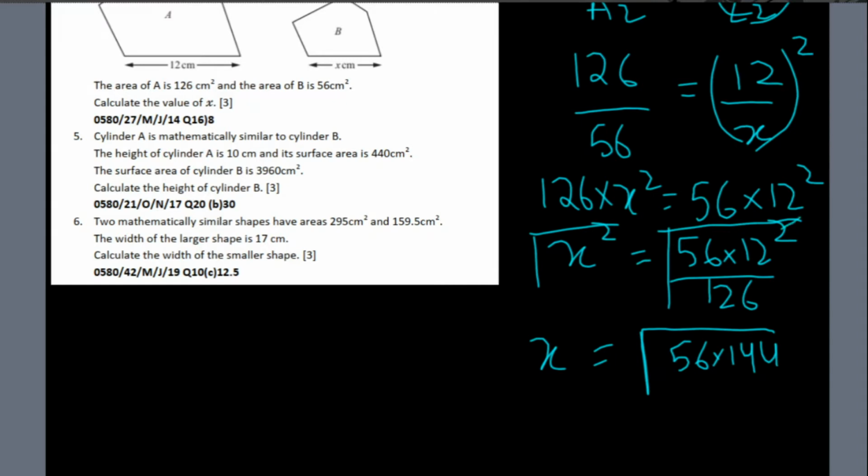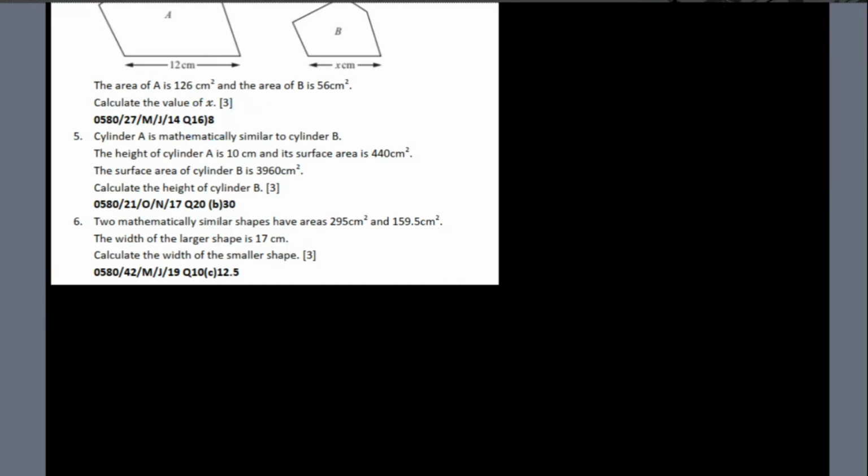Please don't end up cancelling these two, that's incorrect, over 126. Okay, so 56 times 144 divided by 126 under root, answer is 8. So x equals 8, which is the answer given over here.